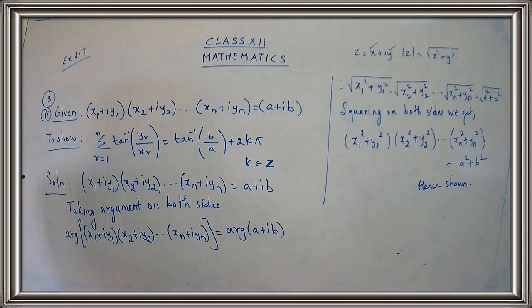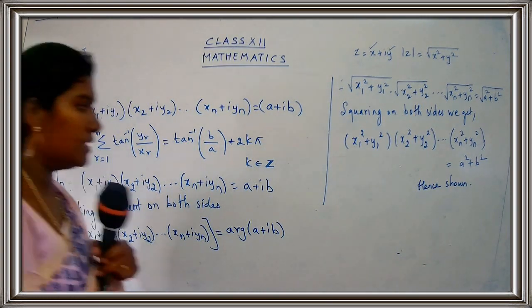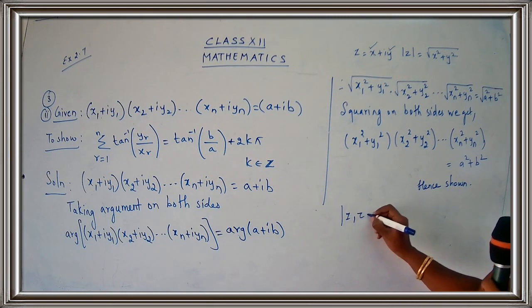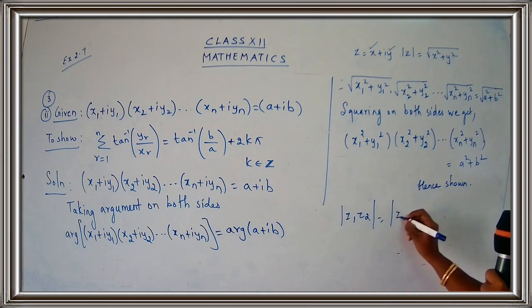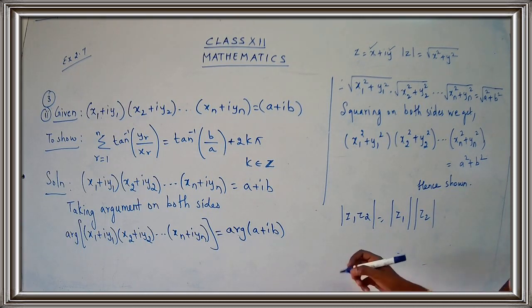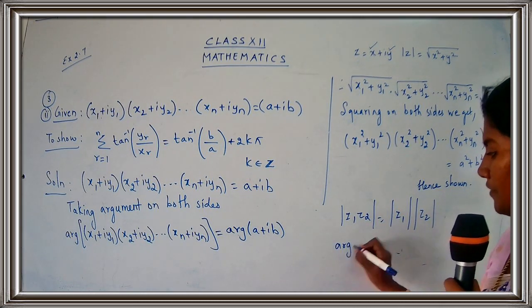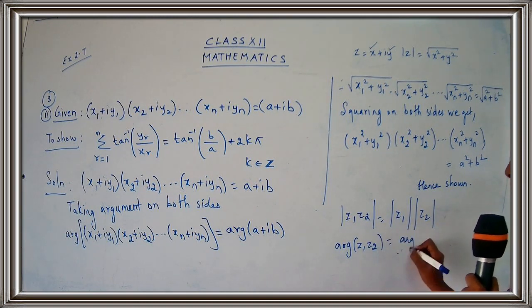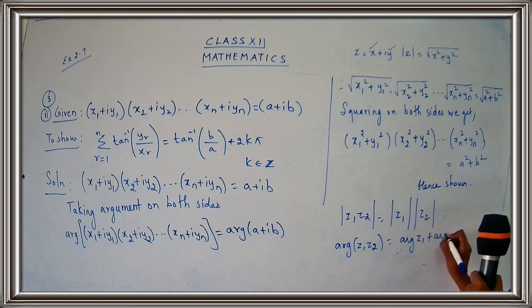There is a difference between the modulus property and the property of argument. For modulus, how was the property? If you had modulus of z1 z2, it will be taken as modulus z1 separately and modulus z2 separately. But now how is the property for argument? If you have argument of z1 z2, it will be written as argument of z1 plus argument of z2.